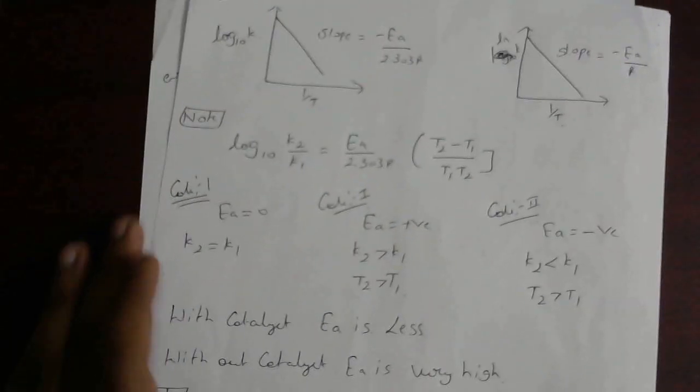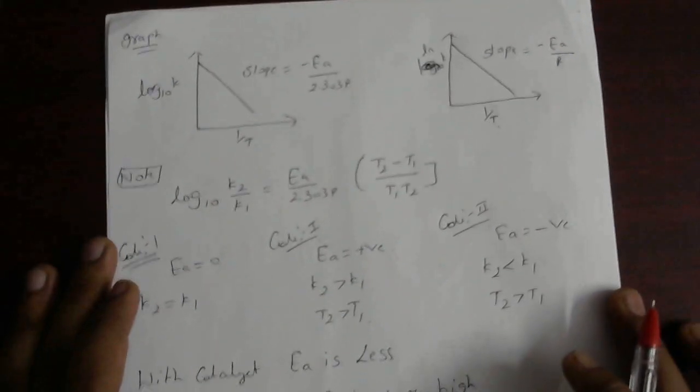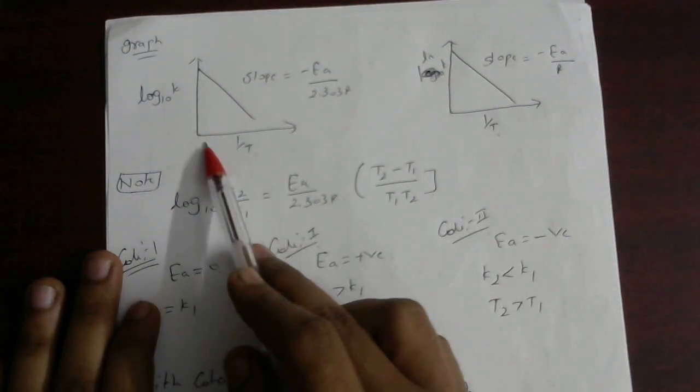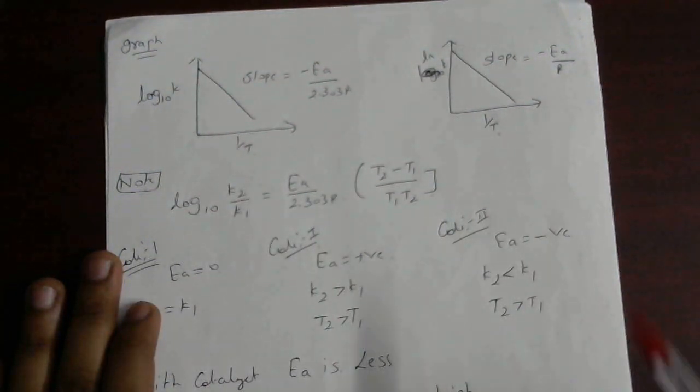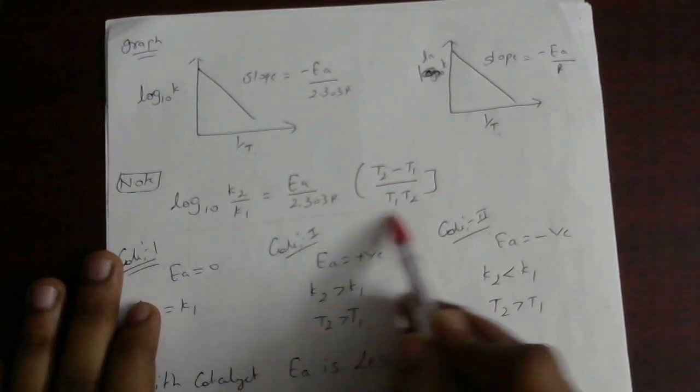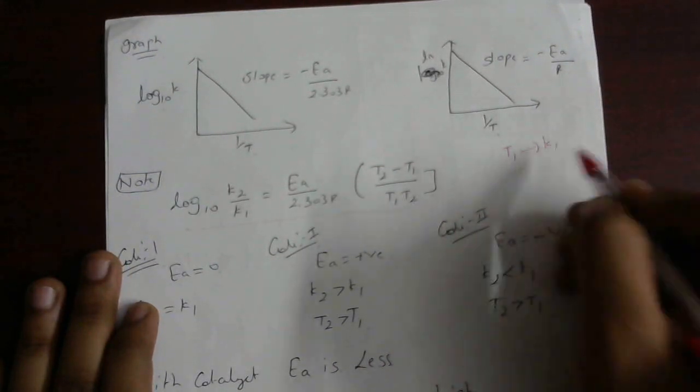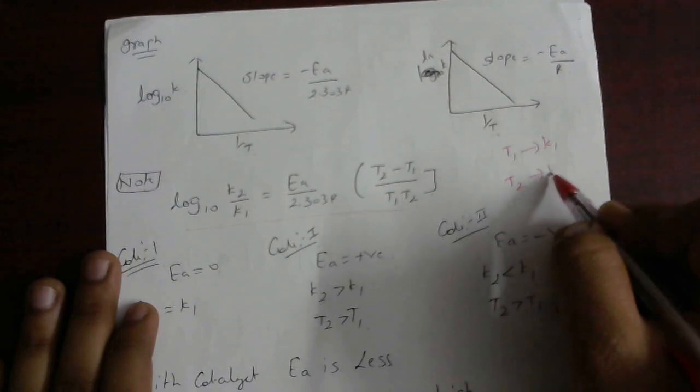So you will be getting the graphs here. First graph, second graph: natural log of K with respect to 1 by T, log to the base 10 of K with respect to 1 by T. Okay guys, now here let us take temperature T1, take K1, temperature T2, take K2.